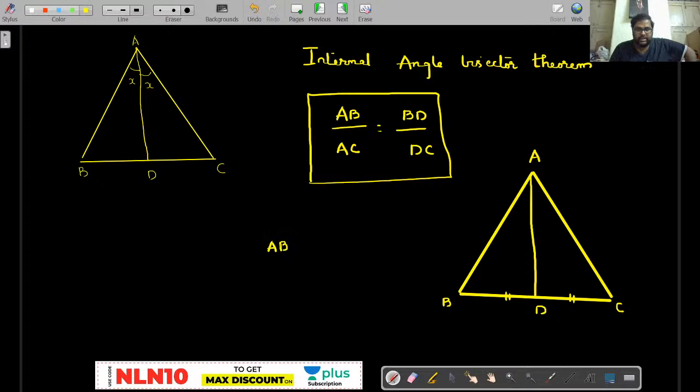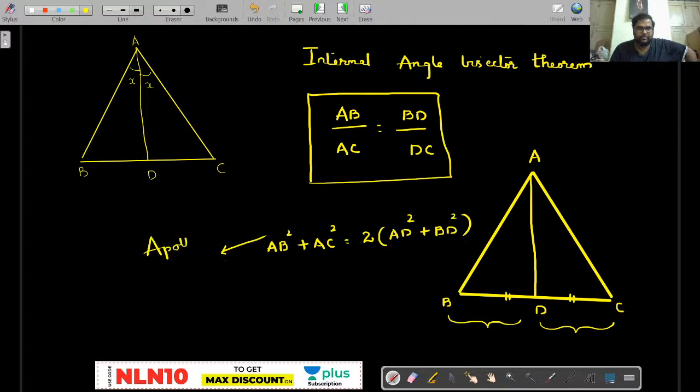AB square plus AC square is equal to 2 into AD square plus BD square; you can take it as BD or DC, both are the same, right? Now this is called Apollonius theorem.